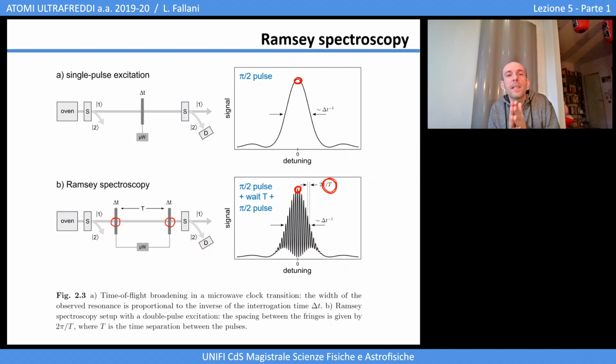What happens is basically an effect of coherence. Ramsey spectroscopy is a spectroscopic protocol in which you exploit the coherence in the atomic superposition between ground and excited state, and the coherence of the radiation field. This mutual coherence between the radiation field and the atomic superposition is essential to understand the Ramsey scheme.